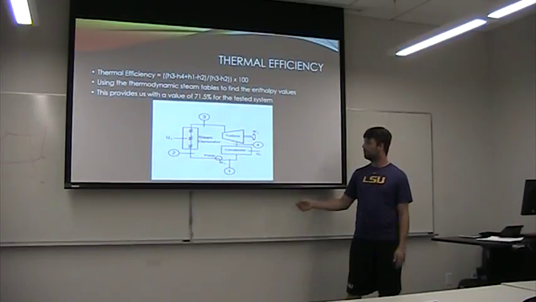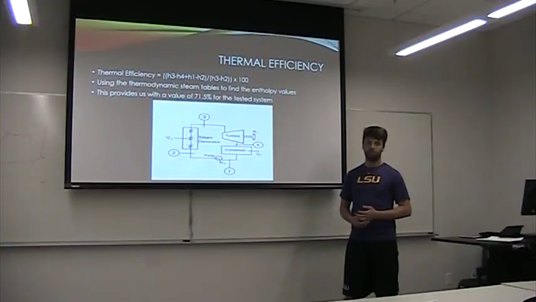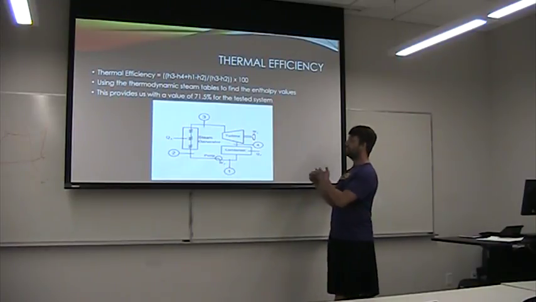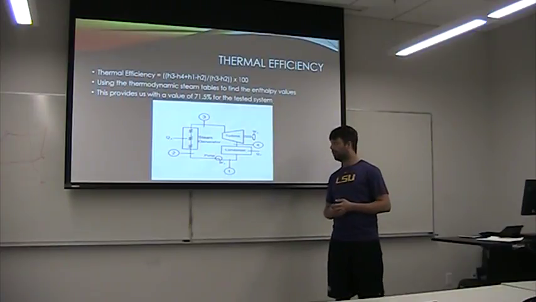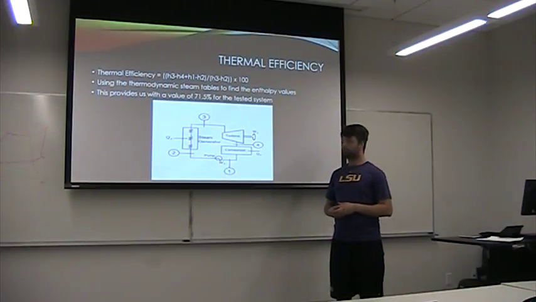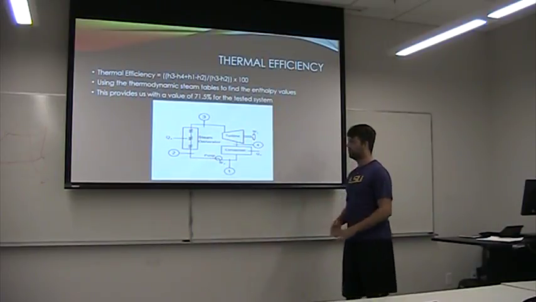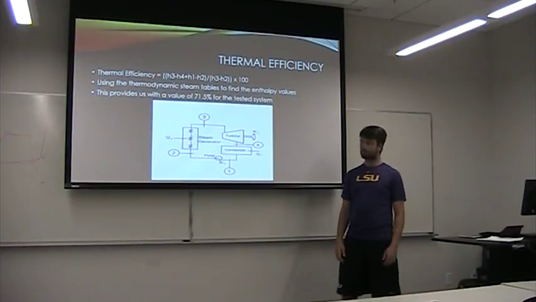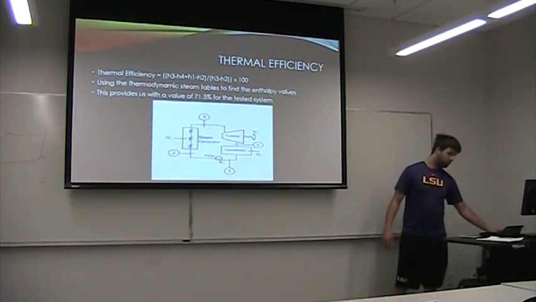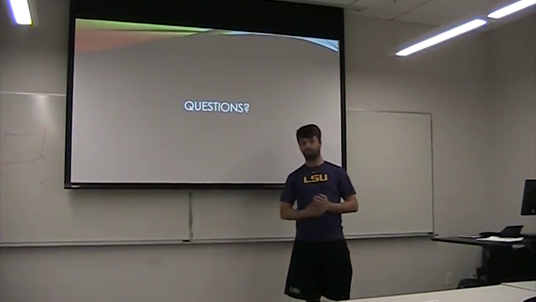Once you do those calculations, I got about 70.2% efficiency, which is obviously less than ideal, as we expected. The system was designed to be as ideal as possible, but since we can't get perfectly ideal, that is what we ended up with. And that is all I have. Does anyone have any questions?